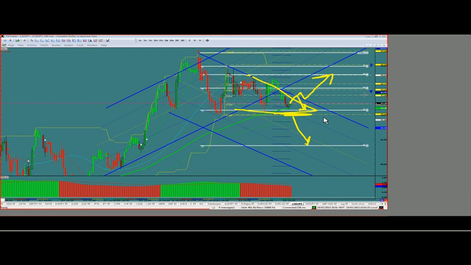Maybe it breaks up, or hooks, or pulls back, bounces off the trend wall and goes down. We have a lot of opportunities. This is the big one right here. The second biggest would be this sell off the top of the trend line, and the third would be this move up in here.